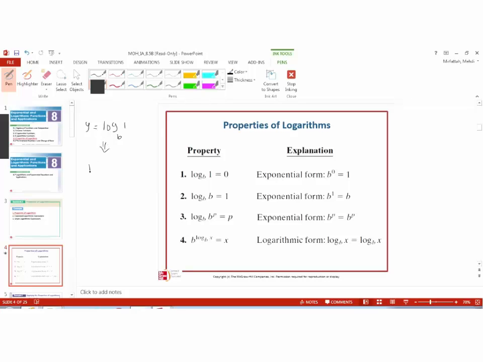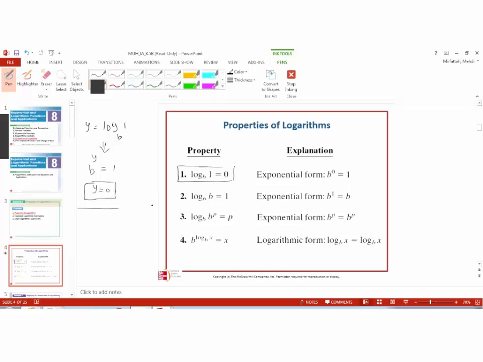If I rewrite this in exponential form, this is the same as b to the power of y is equal to 1. So you can see that anything to the power of 0 is equal to 1, so y must be equal to 0. So everywhere you see log of 1 with any base must be equal to 0.